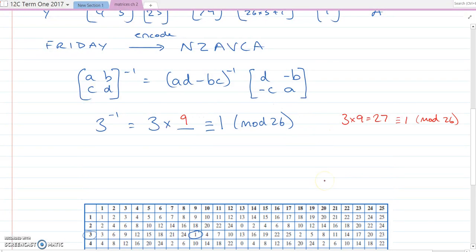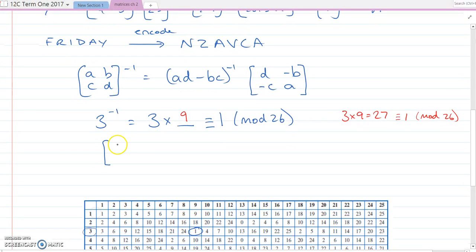So how that works with our example: we're trying to find the inverse of the matrix 5, 2, 4, 3. So we've got 5 times 3 minus 4 times 2, inverse, times the matrix where we swap the 3 and the 5 and make the 2 and the 4 negative.